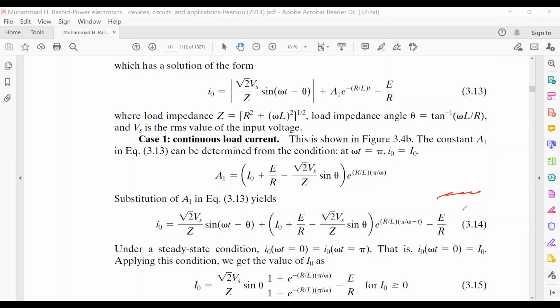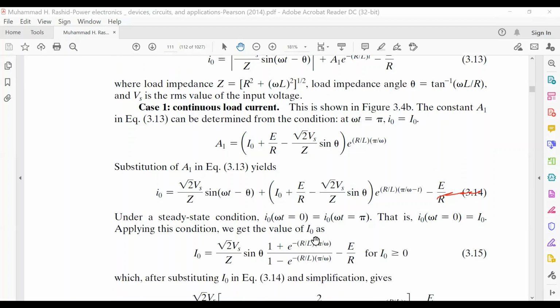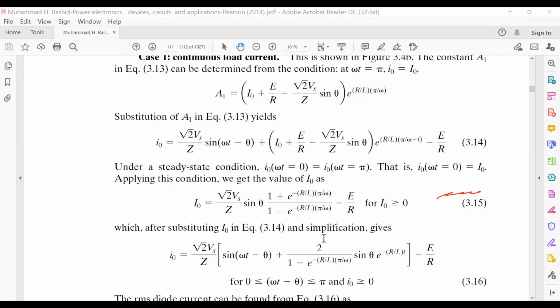So we have to find out the boundary condition, and then with that one, you look at equation number 3.15. So the I0 has been found. These are the values which are known to you.